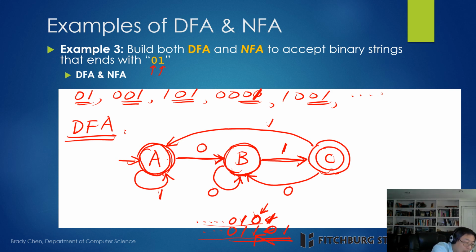So basically, we define all the states for all the input values. We look at A, B, C. So for each state, we define the next state for all input values. That's the deterministic finite automata that accepts the binary strings that end with 0, 1.